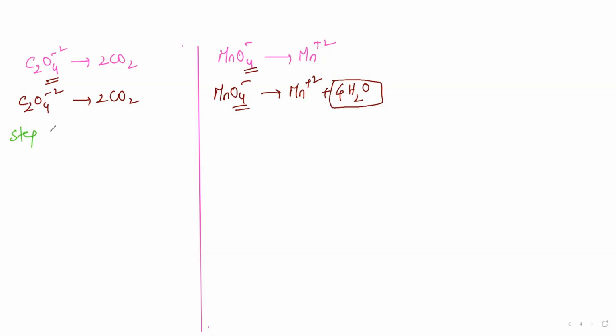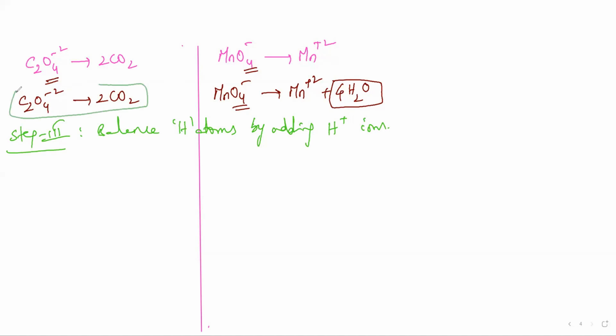Step 3: Balance hydrogen atoms by adding H plus ions. Now here, are there any hydrogen atoms? No hydrogen, no need to balance. So as it is, you write.